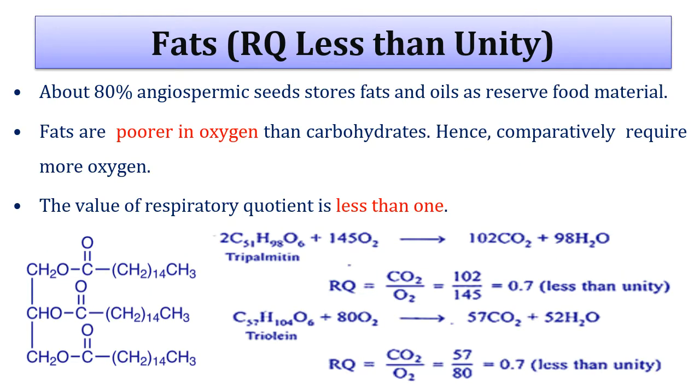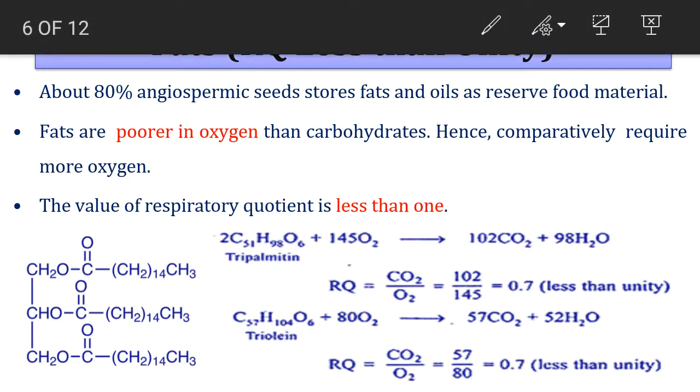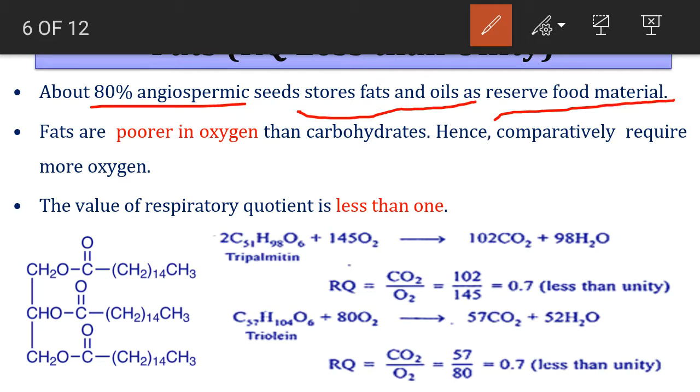Now let's see the case of fats. Students, please note that 80% of angiospermic seeds store fats and oils as reserve food material, because seeds are non-photosynthetic in nature and require energy until they become photosynthetic.